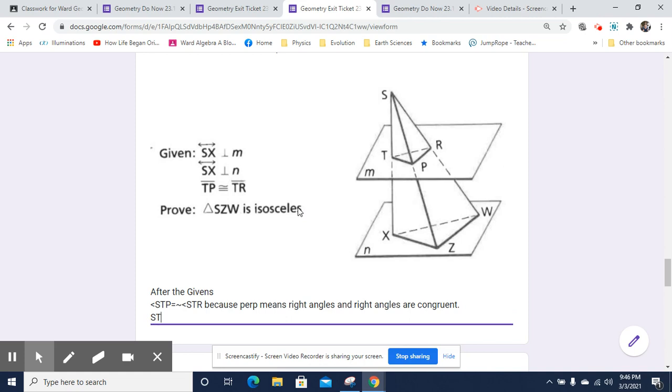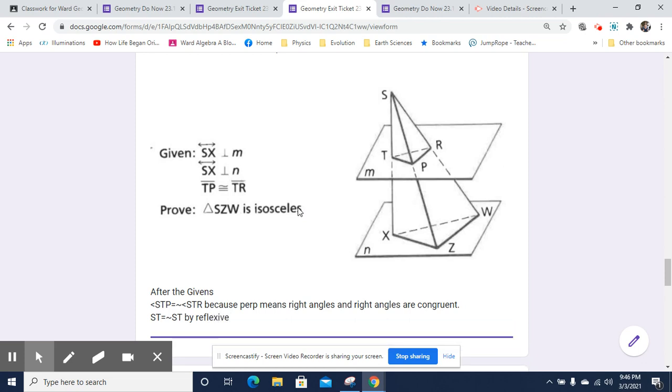Okay, we can also say ST is congruent to ST by reflexive, and now we can say that triangle STP is congruent to triangle STR by side, angle, side, because we already knew that TP and TR were congruent.